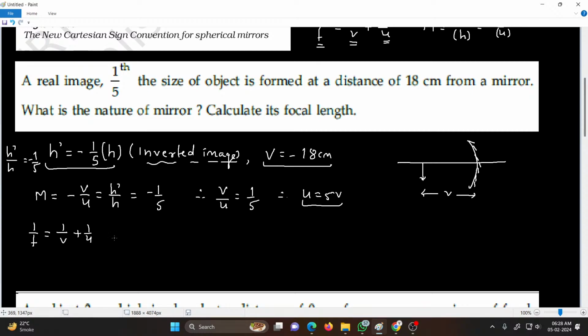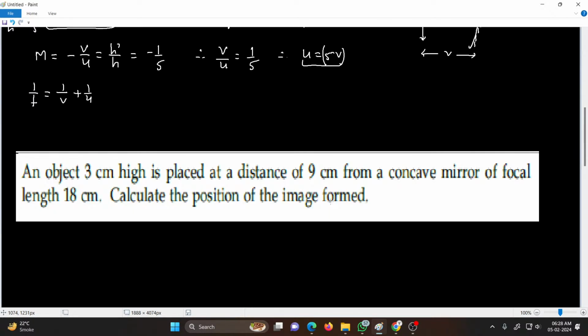In that you can put the value of v and u, and then you can calculate the focal length of the mirror.